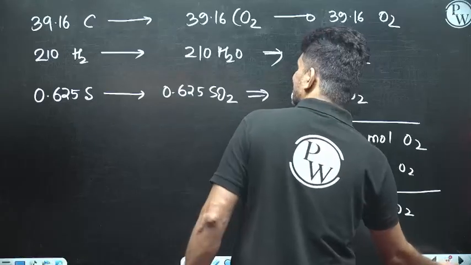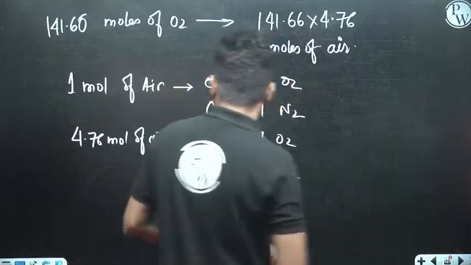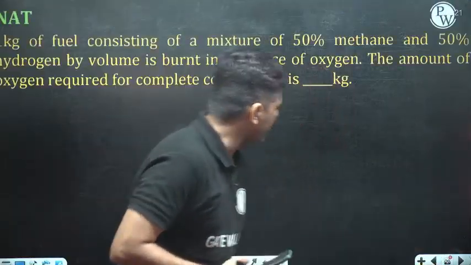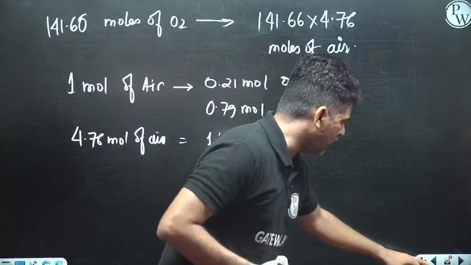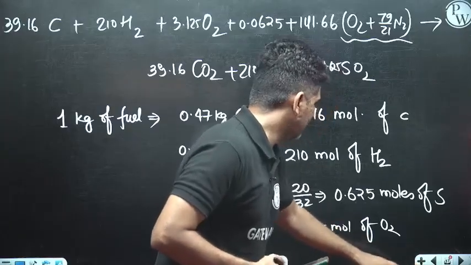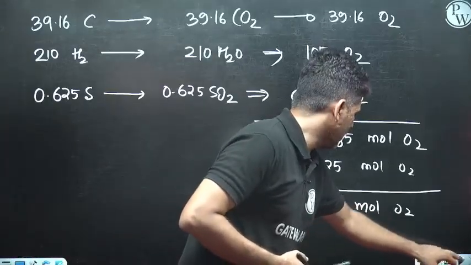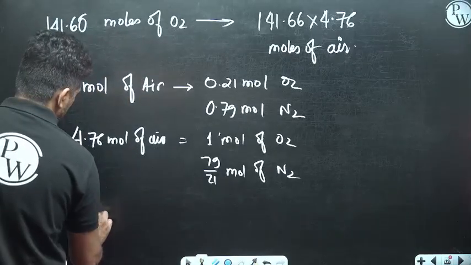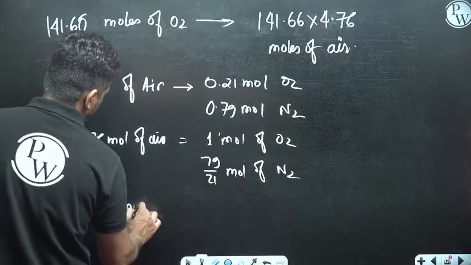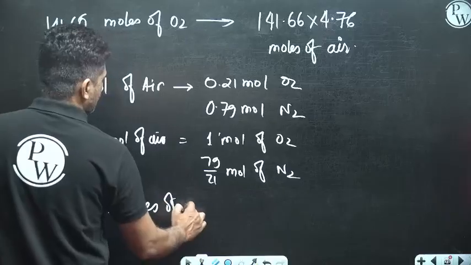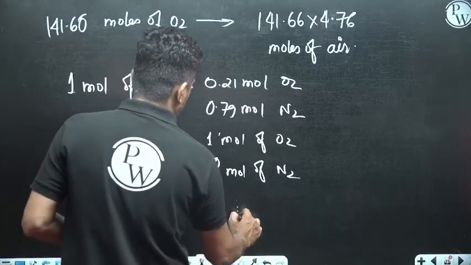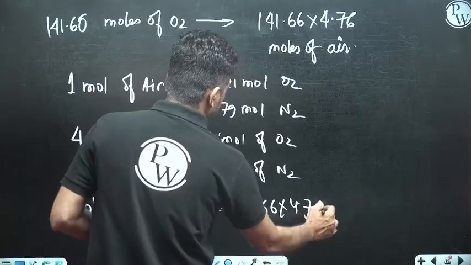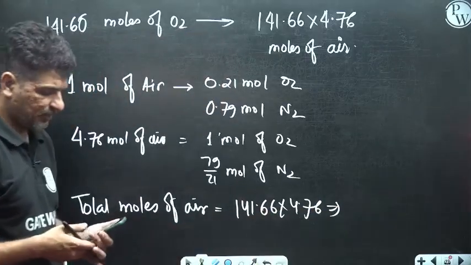So the moles of air required will be 141.66 multiplied by 4.76. So total moles of air will be equal to 141.66 multiplied by 4.76. Understood?